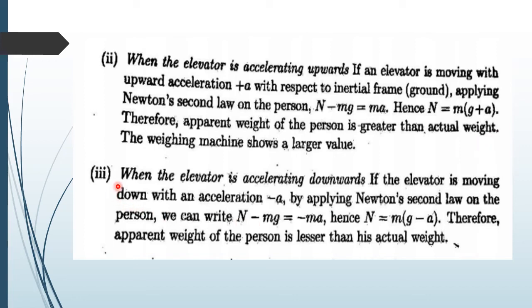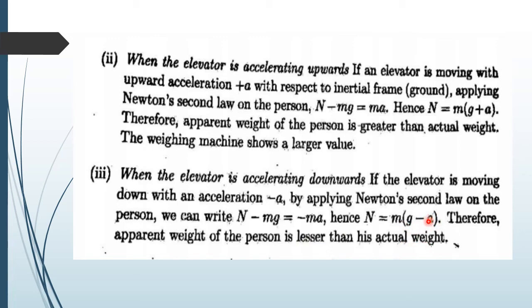Now, the third case is when the elevator is accelerating downward. If it is moving with an acceleration minus a, by applying Newton's second law, N minus mg is equal to minus ma. That means N is equal to mg minus ma. Therefore, there is a decrease in the apparent weight of the person compared to the actual weight, mg minus ma.